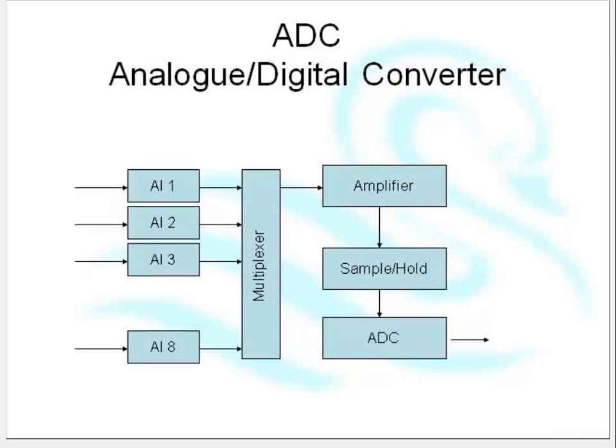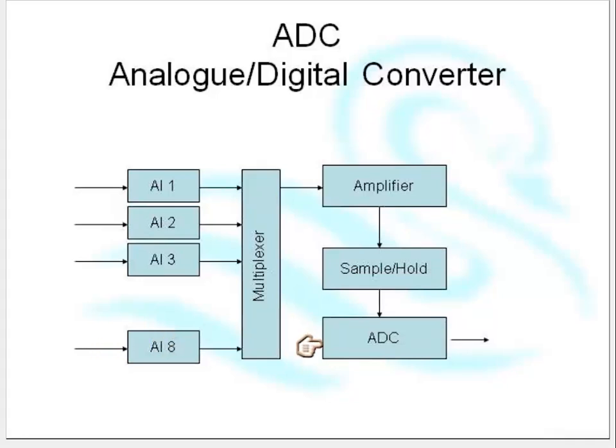The ADC is only sampling the signal. But PLC manufacturers are cheapskates. If you have a PLC with 8 analog inputs, you won't have 8 ADCs.